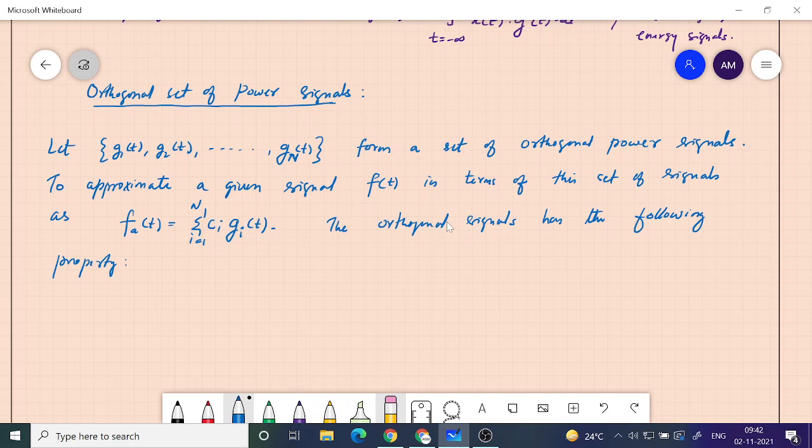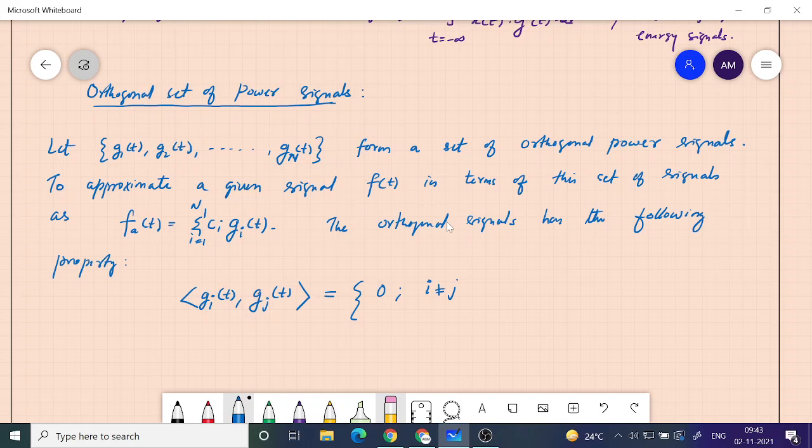Like yesterday, if you take any two of these, say gi of t and gj of t, then we will get 0 if i is not equal to j. That's the definition of orthogonality.